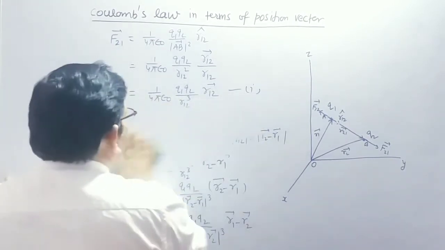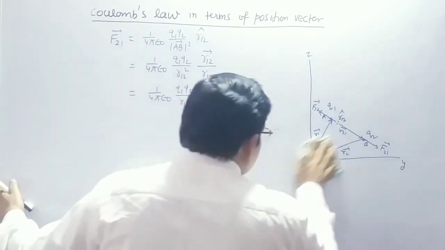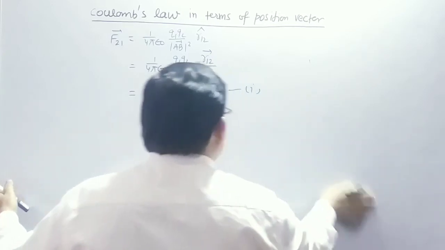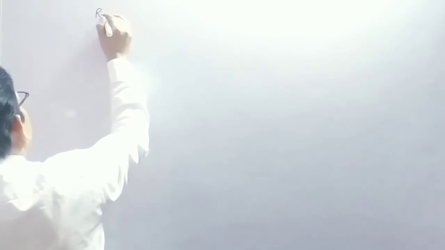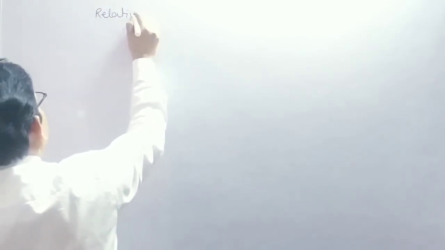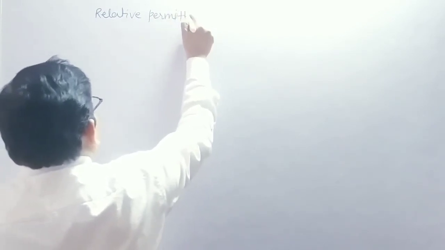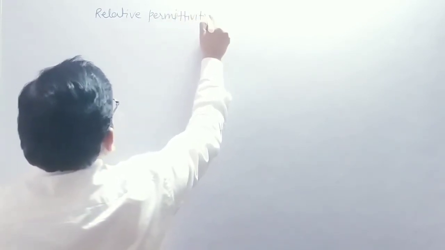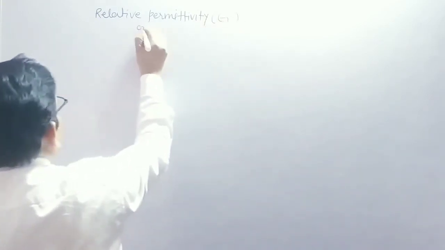Now the next topic we are going to discuss is dielectric constant or relative permittivity, denoted by epsilon r.